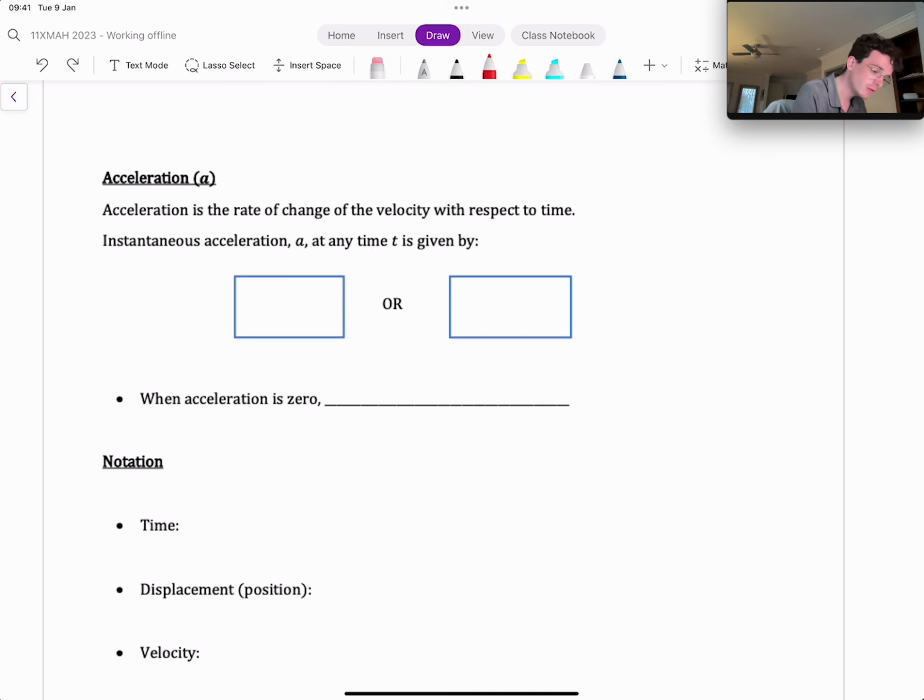So if acceleration is change in velocity, then my acceleration is going to be the derivative of velocity. Now we also know that velocity is the derivative of displacement. So acceleration is also the second derivative of displacement.